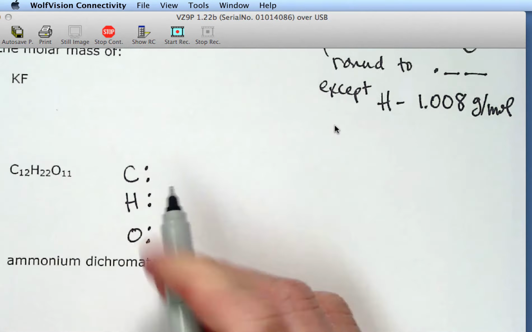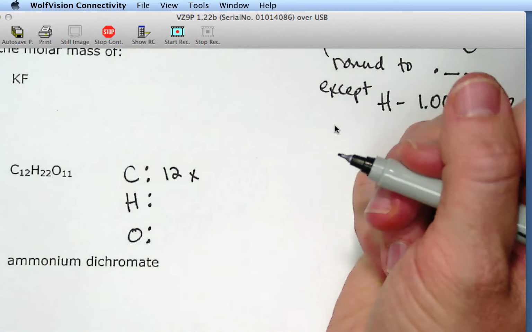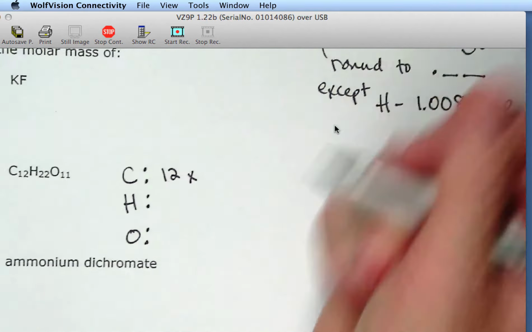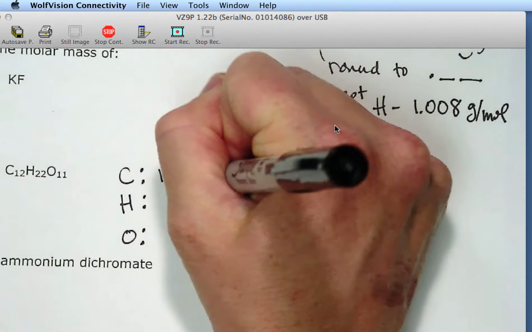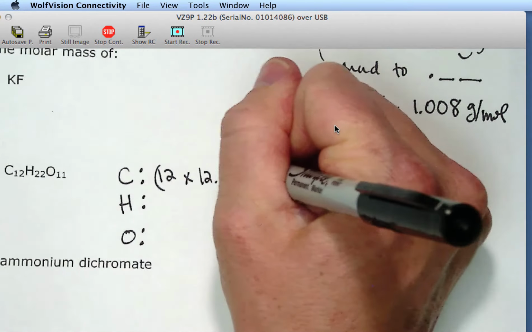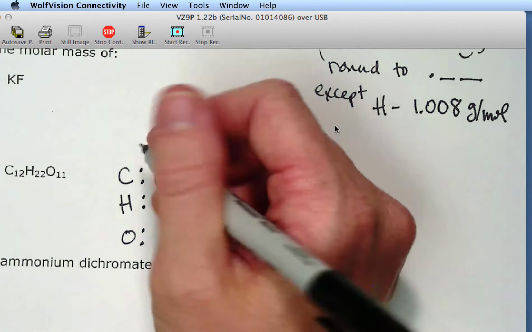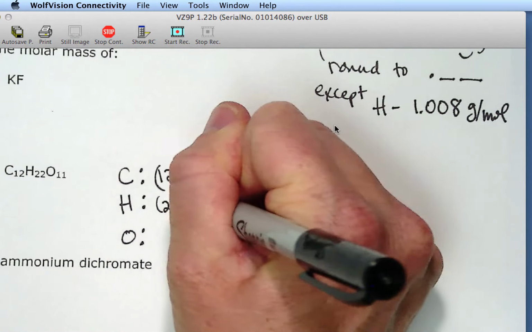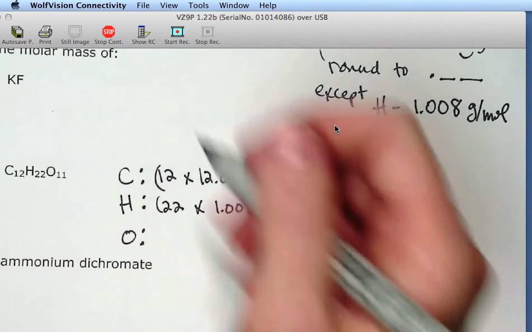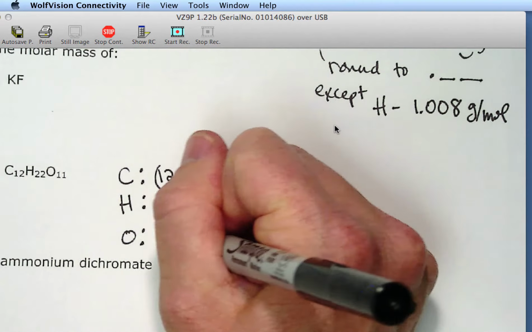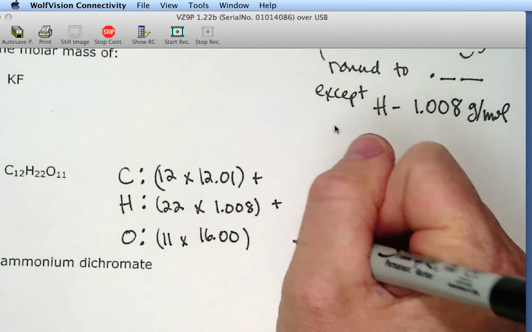like this. So I have 12 carbon atoms, and the molar mass for carbon is 12.01. Then I'm going to do the same with hydrogen. I have 22 hydrogens times 1.008. And then oxygen, I have 11 oxygen atoms times 16.